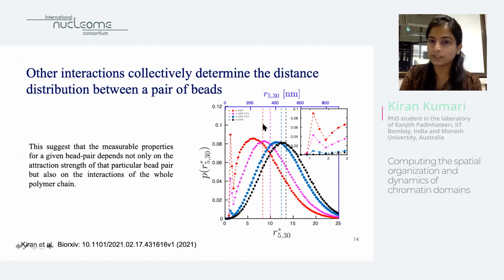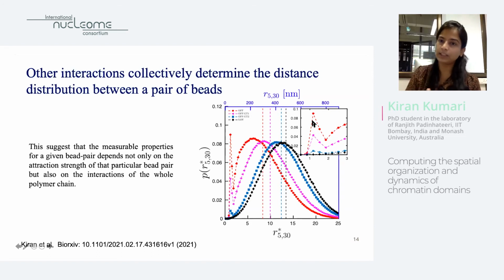What we observe is that, first of all, there is a transition in the average value of that particular bead pair, which goes from the off state to the self-avoiding state, as well as this peak. We also observe that this interaction-driven peak, which is emerging here, also decreases. Please note that the interaction strength between all the bead pairs for all the three curves here are the same, except the black one, which is the excluded volume.